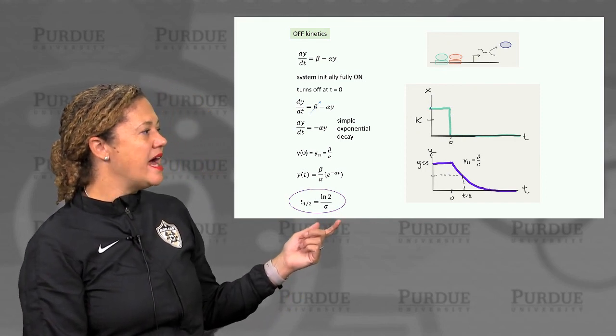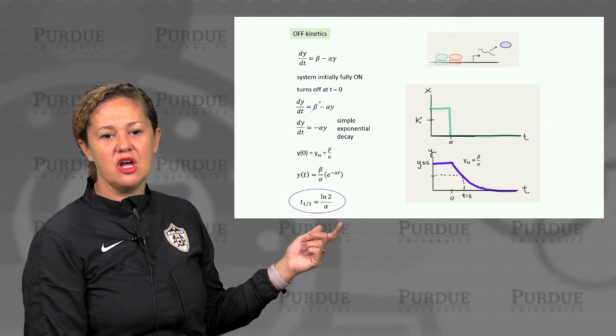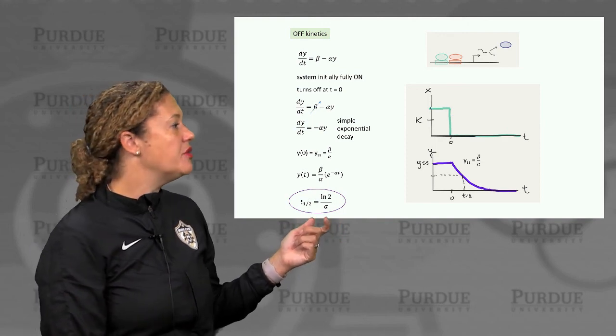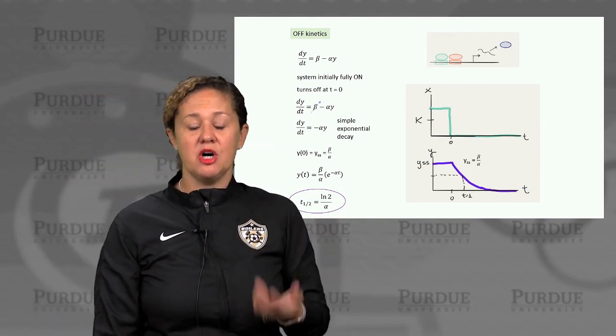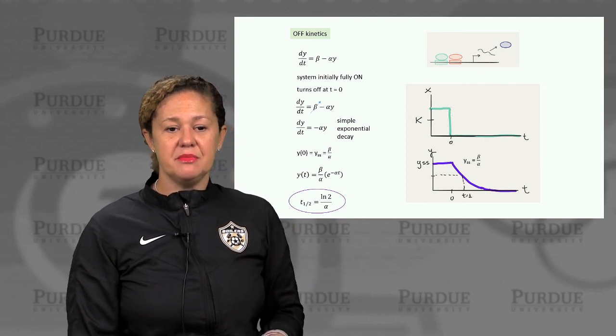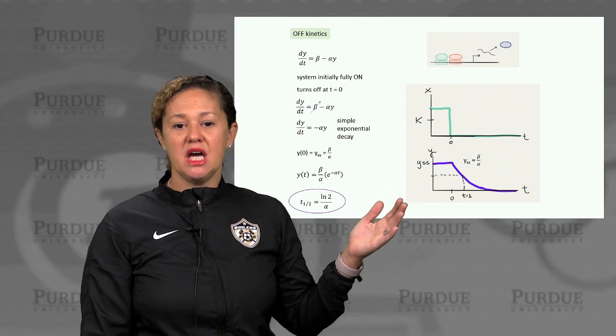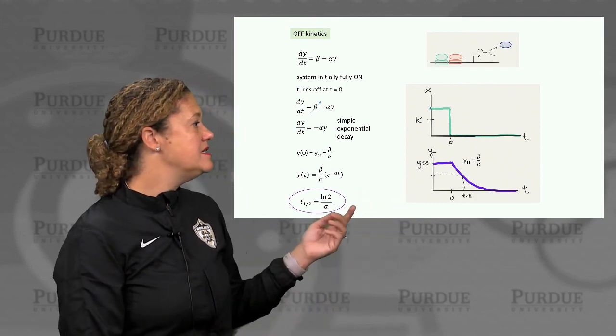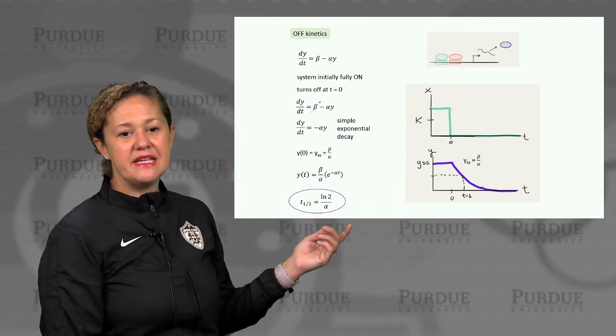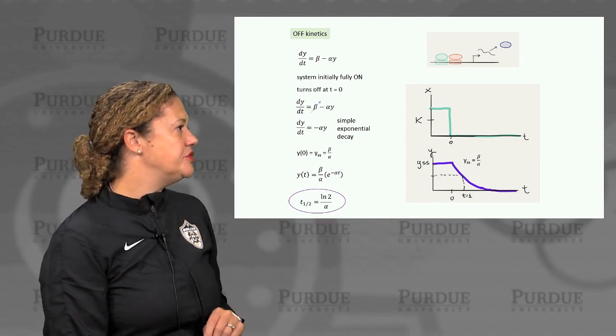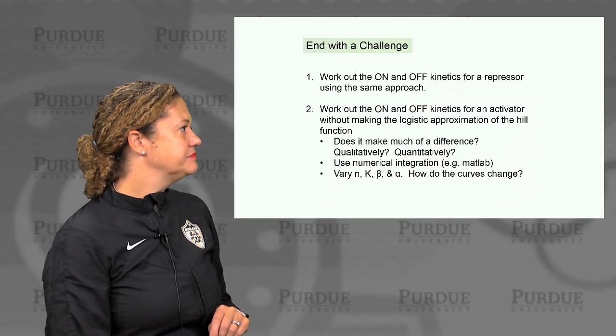And t1/2 again equals natural log of 2 over alpha. So in both the cases of turning our system on and turning our system off, how quickly they happen depends on alpha by the same form, natural log of 2 over alpha.